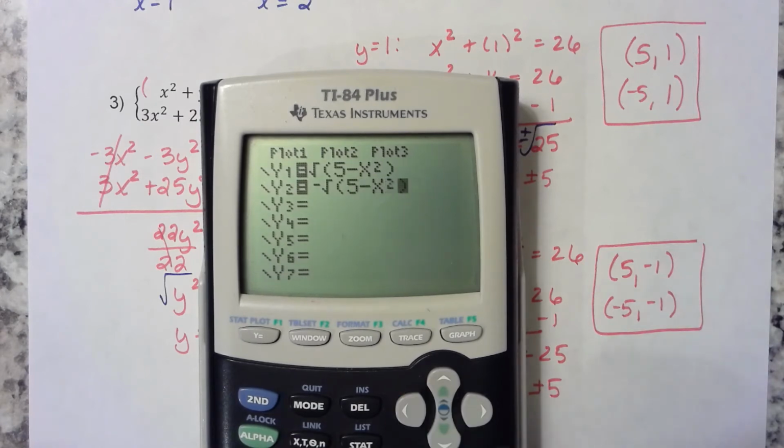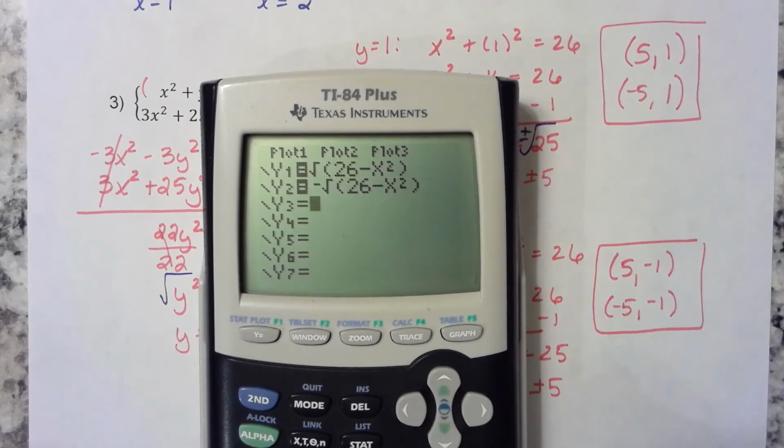And the other one is, oh, that was the last problem. Sorry about that. Okay, that's the first equation, and then we have the second equation, which is a little bit longer.